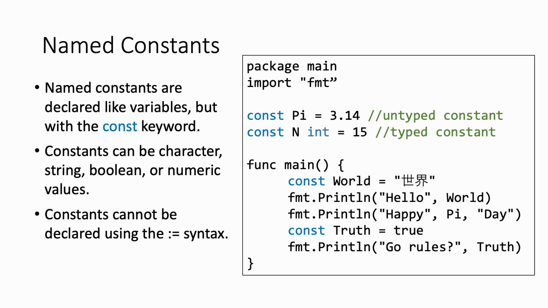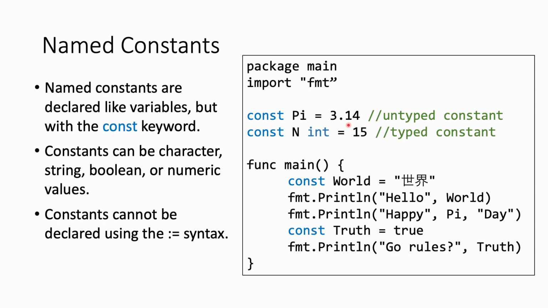So the last topic in this lecture is named constants. In Go, the const keyword is a keyword introducing a name for a scalar value such as 2 or 3.14 or some string.